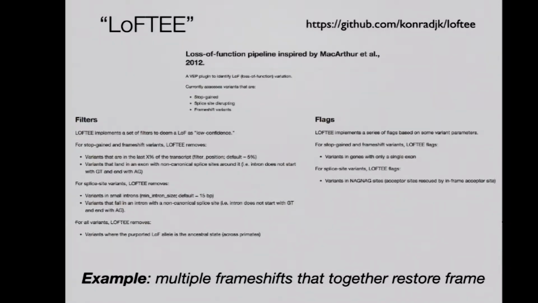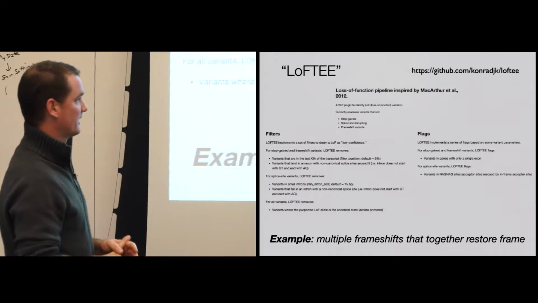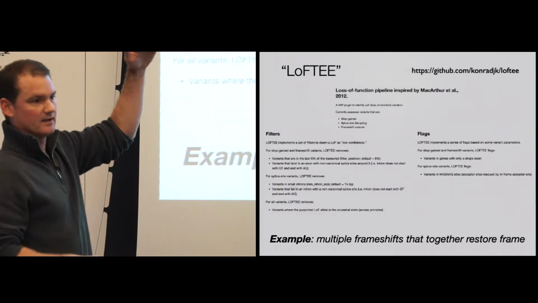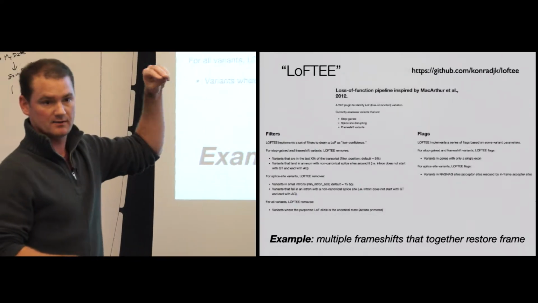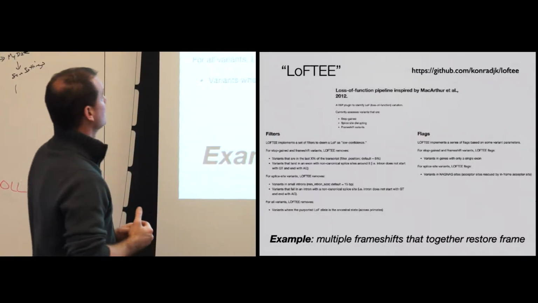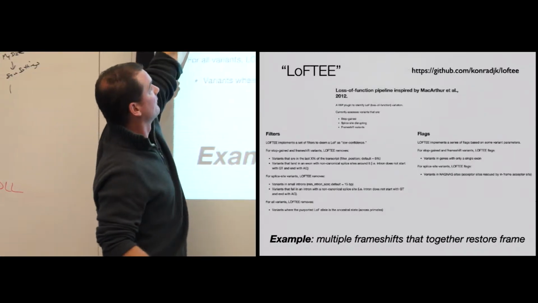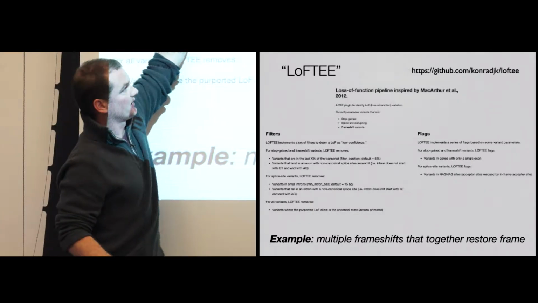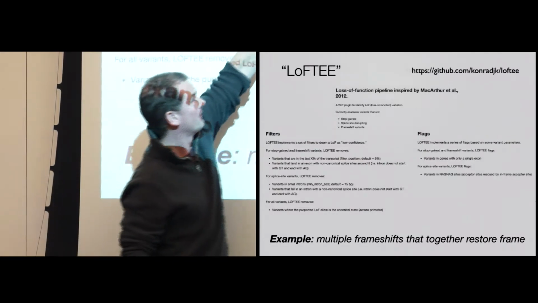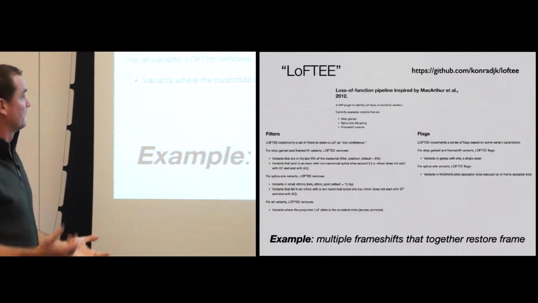It attempts to account for a bunch of corner cases to remove false positive loss of function predictions and tag predictions as high confidence or low confidence loss of function variants. For instance, variants in the terminal X% of the transcript, where the default is 5%, are most likely not loss of function.